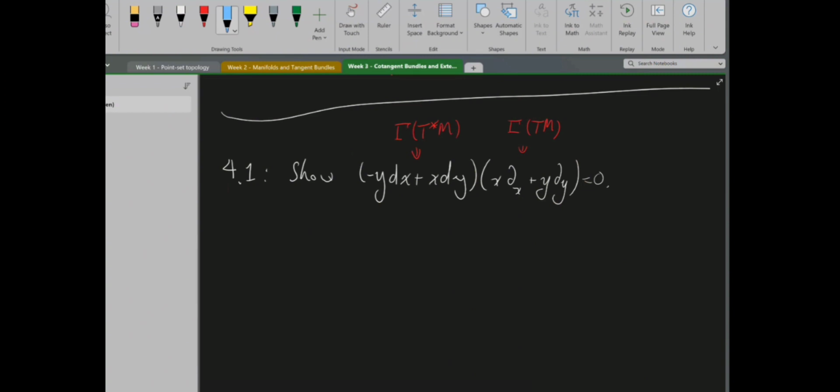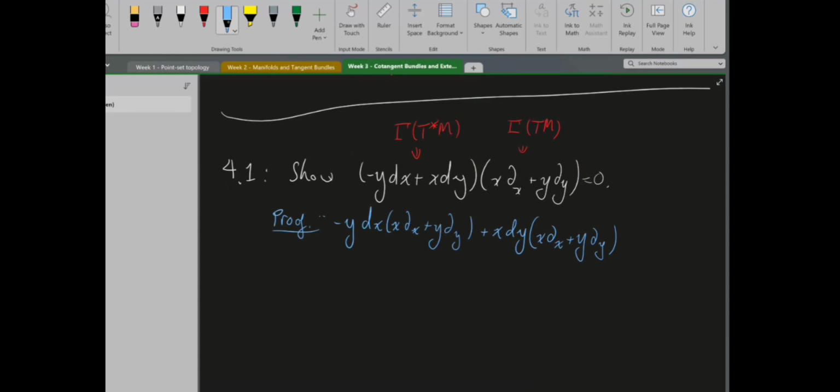Okay. So you can abuse linearity. Right, so you break up into the components, and you say, all right, this should be negative y dx plugging in x del x plus y del y, and then plus x dy evaluated on x del x plus y del y.